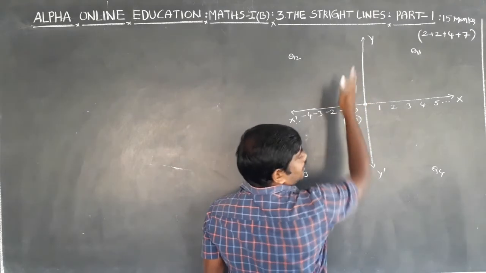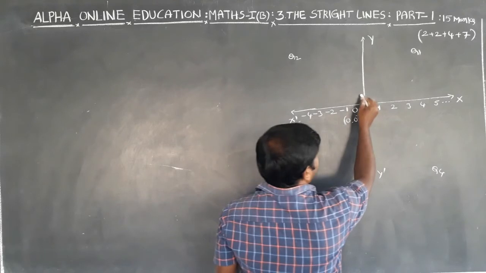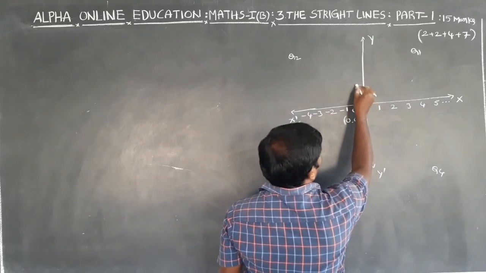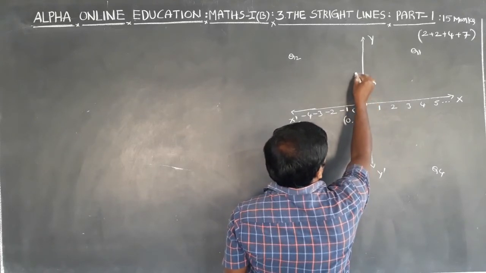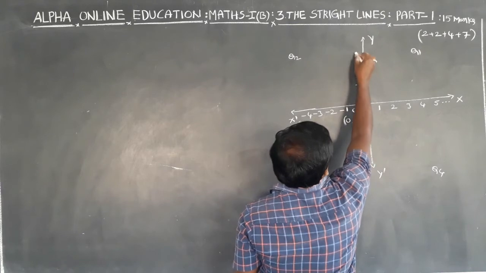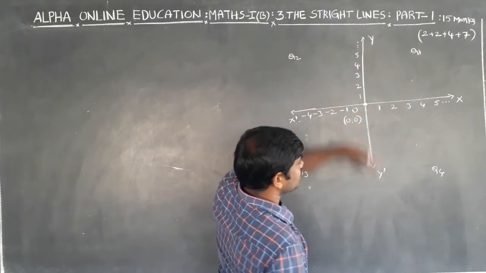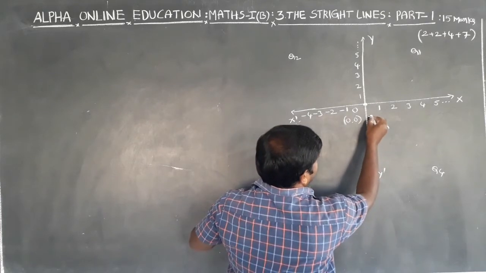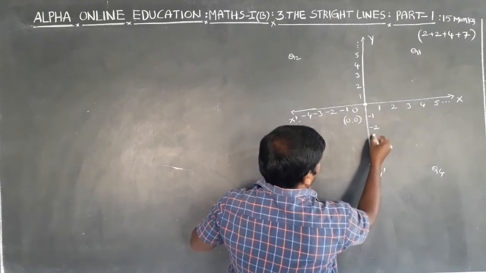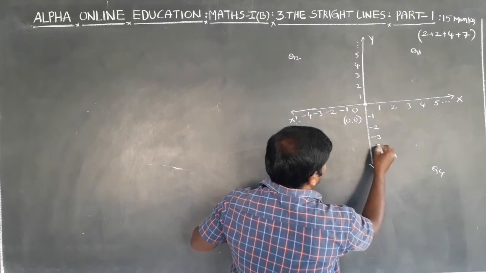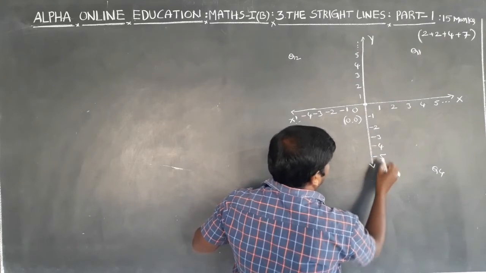On the upper side of the x-axis, values are positive: 1, 2, 3, 4, 5 and so on. On the lower side of the x-axis, values are negative: -1, -2, -3, -4, -5.